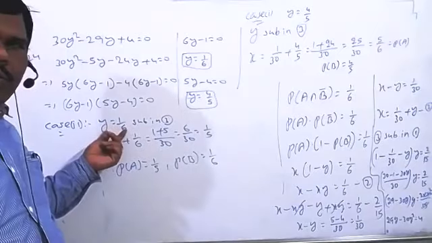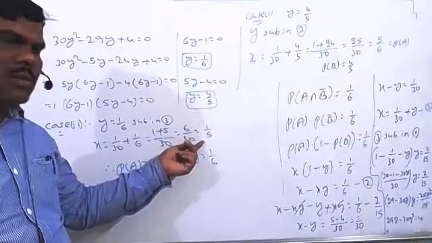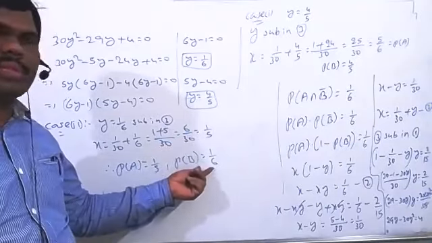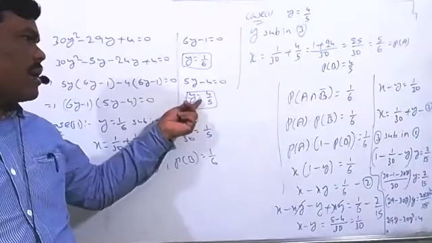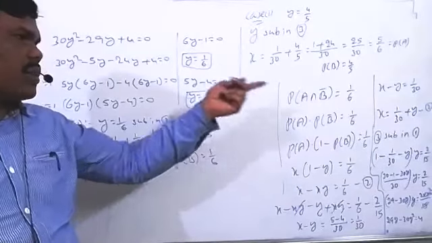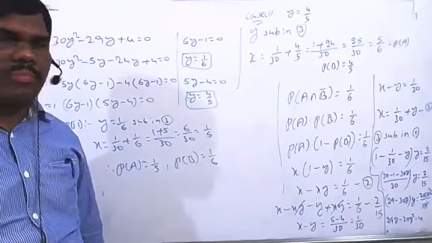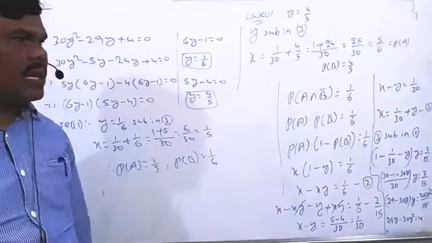Y is the probability of B, x is the probability of A. So in one case P of A equal to 1 by 5 and P of B equal to 1 by 6. In the second case, when we take y equal to 4 by 5 and substitute in the third equation, we got x equal to 5 by 6. So this is the probability of B, that is the probability of A, two cases here.